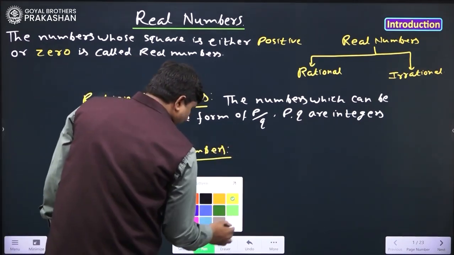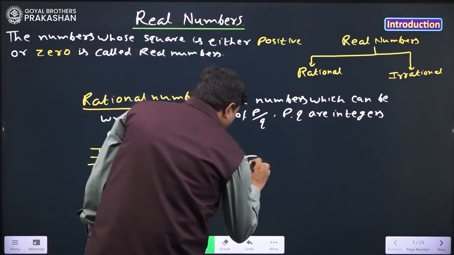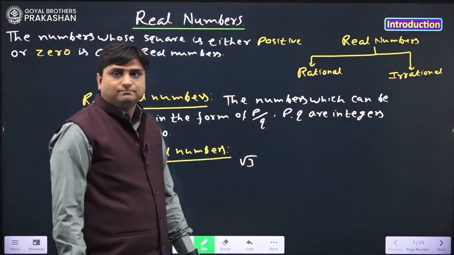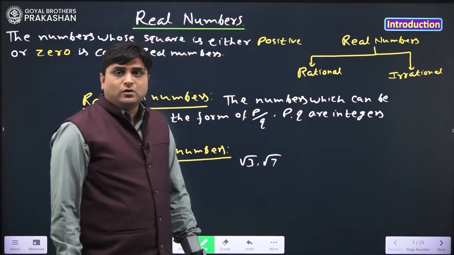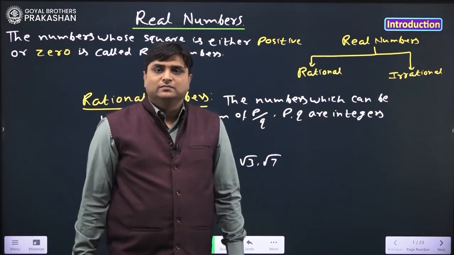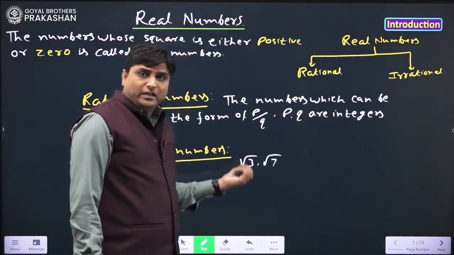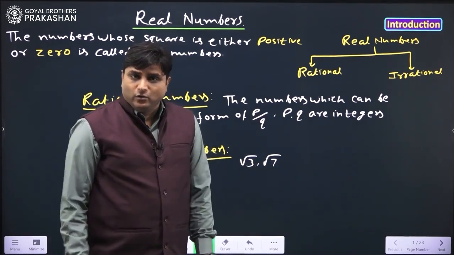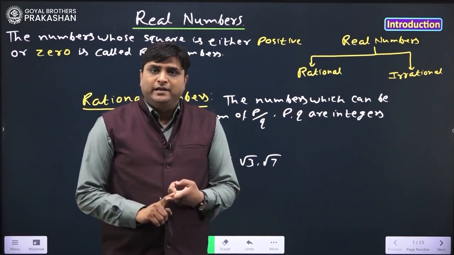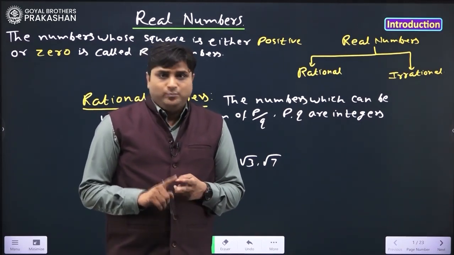But I can give some examples of irrational numbers, like square root of 3 or square root of 7, or the square root of any non-perfect square number. If we find their value, it will be a non-terminating, non-repeating decimal. And we know that if a decimal is non-terminating and non-repeating, then it cannot be represented in the form of p by q.